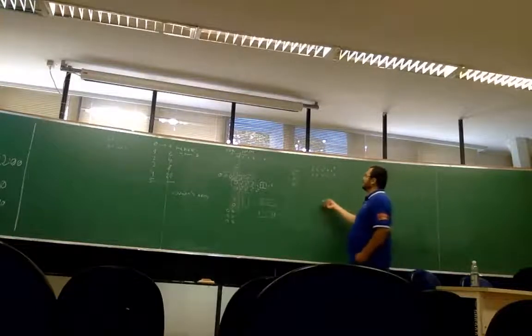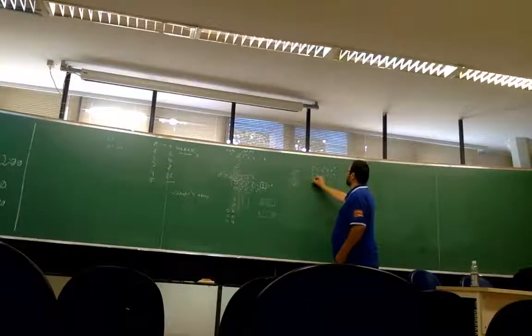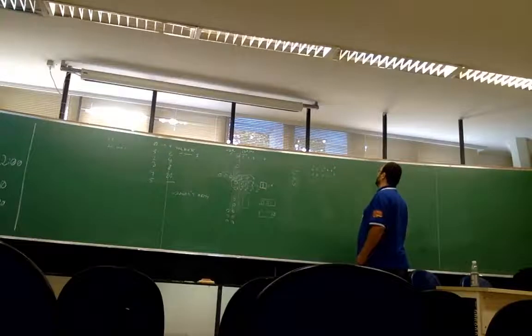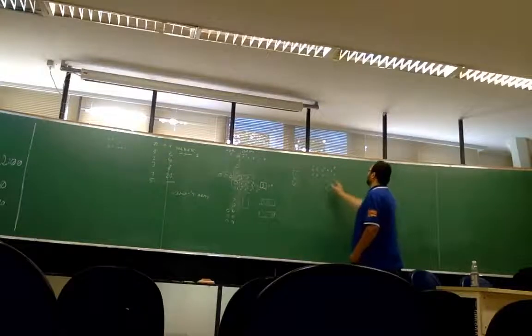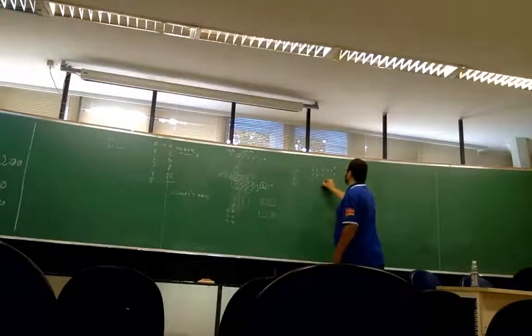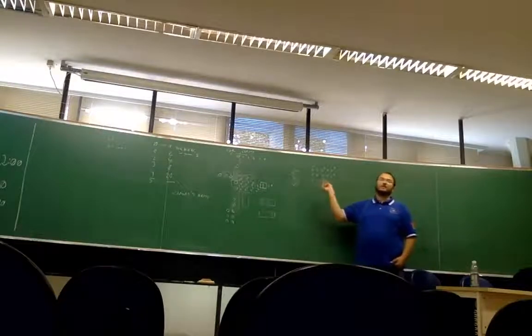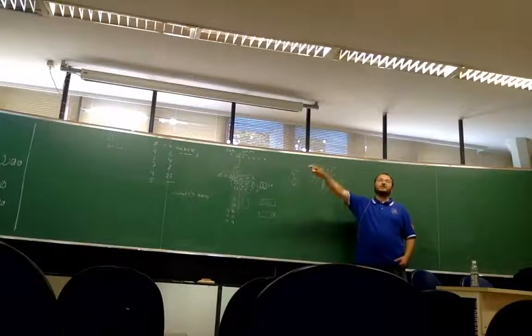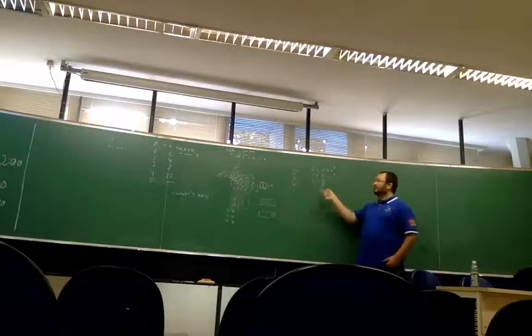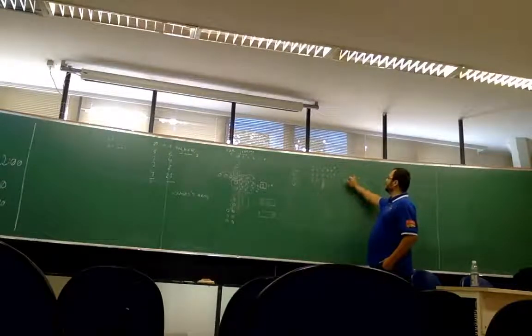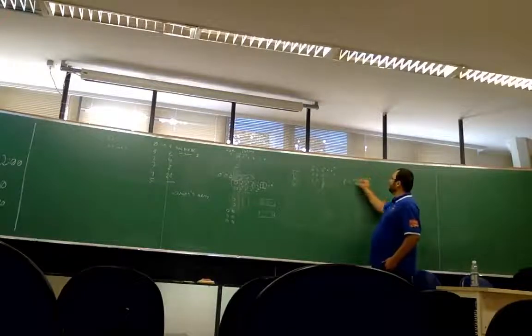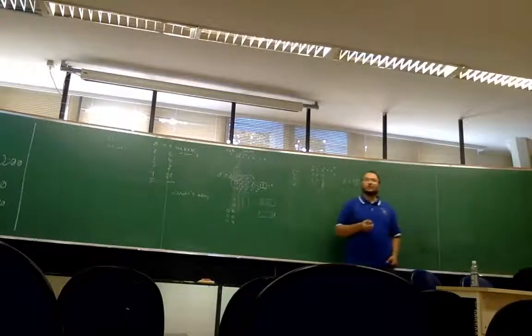So the solution, there is a positive real root, which is 1 divided by the golden ratio. So this is the value 0.618 something. The golden ratio is 1 plus square root of 5, divided by 2.